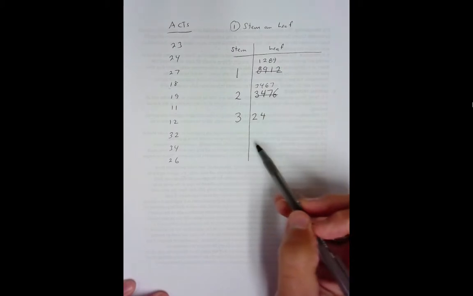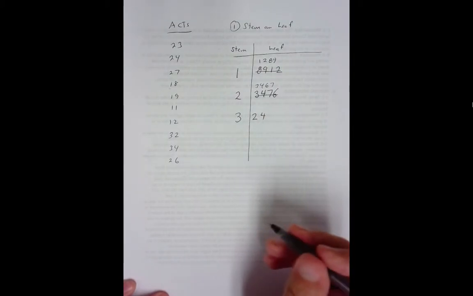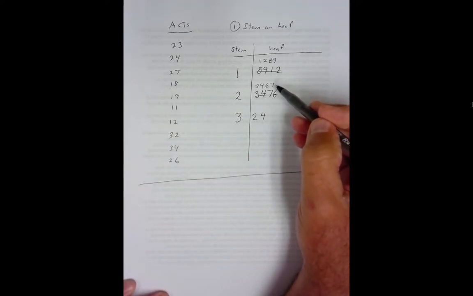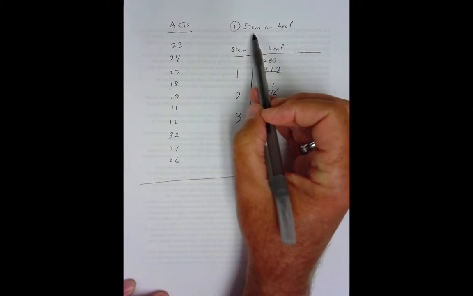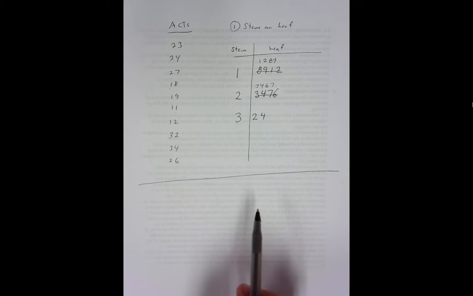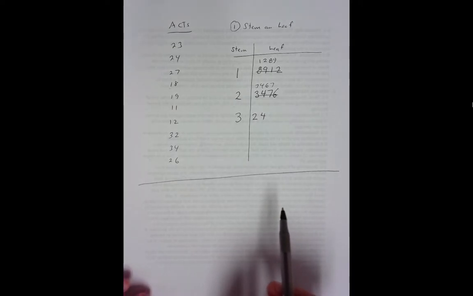Now, what this does, it gives us a little bit of an indication about the distribution shape. We'll get into more about that next week. But for now, I just want you to know that these things are very easy to find, and they're very easy to create, and they are a method for organizing and representing quantitative variables.